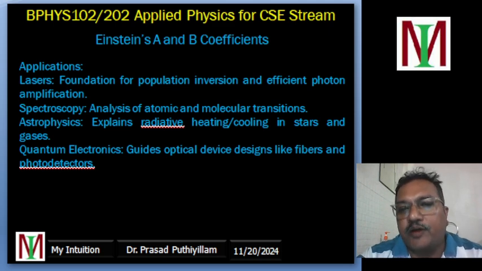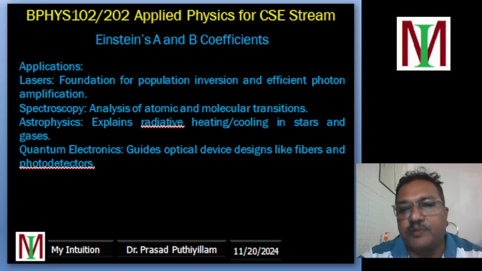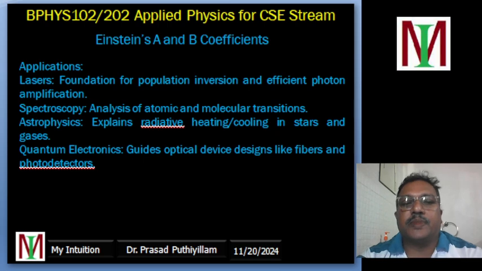So in quantum electronics, Einstein's coefficients are used to design the optical fibers which carry light signals over very long distances with very little loss, and the photodetectors which convert light into electrical signals, or to build the solar panels which capture sunlight and turn it into electricity.